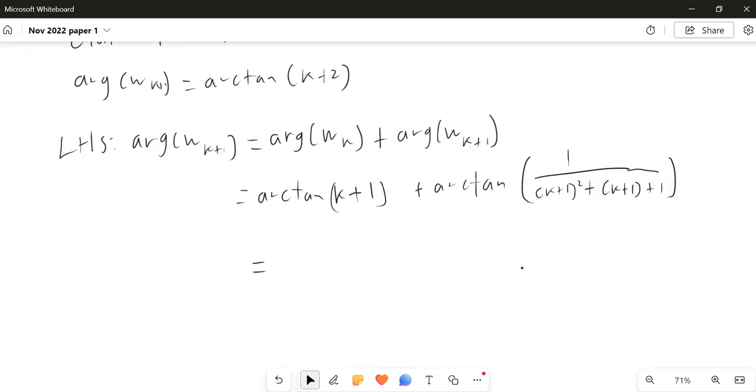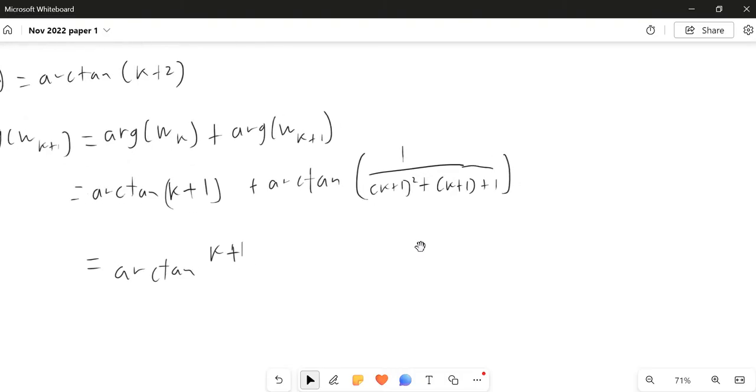And then again, using the previous identity we found, it'll be equal to arctan, so our a is k plus 1, and then our b is 1 over k plus 1 squared plus k plus 1 plus 1.